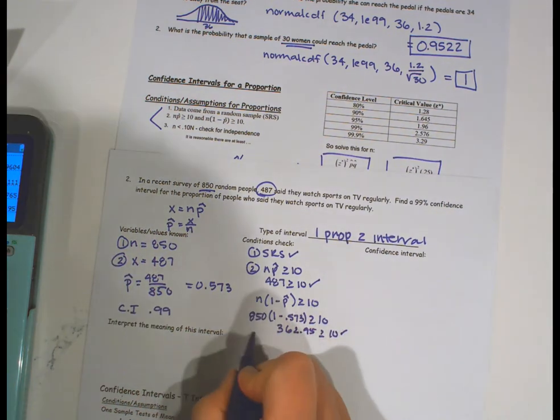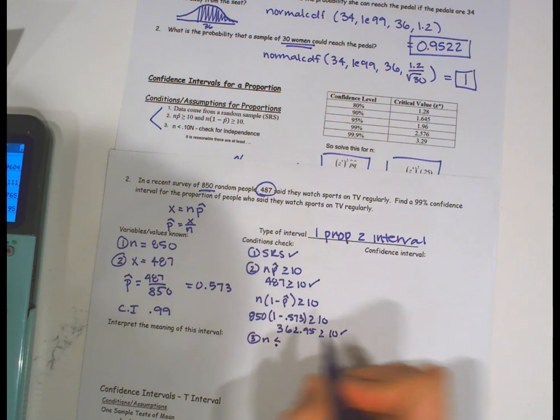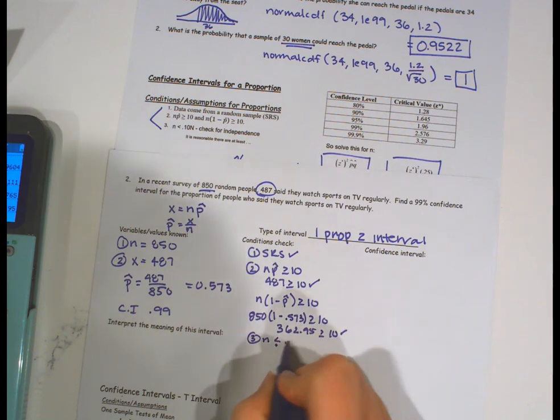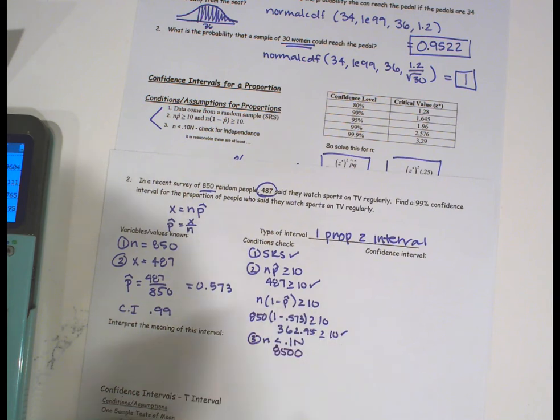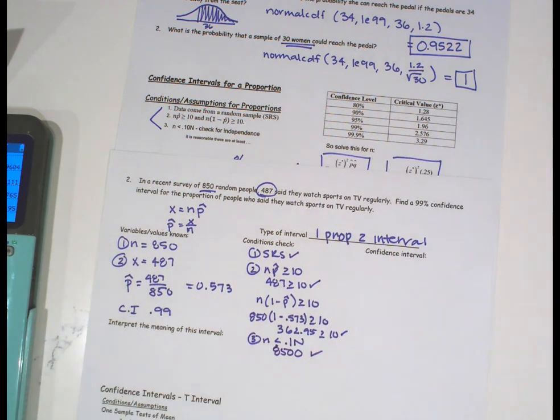And then our last one, we're checking that independence. So we're checking that if I have 850 people and I add a 0, it seems reasonable enough to assume that there are more than 8,500 people watching TV regularly.